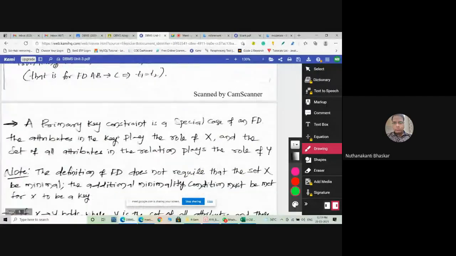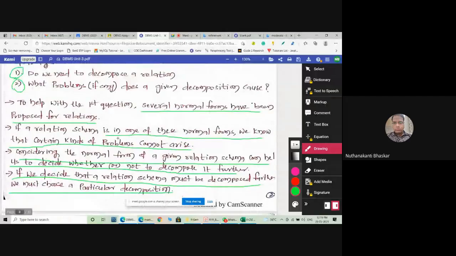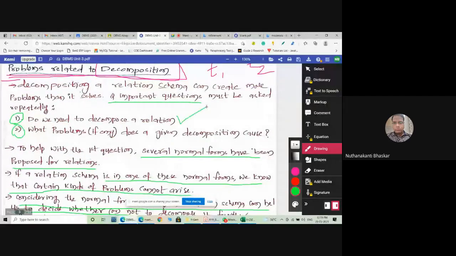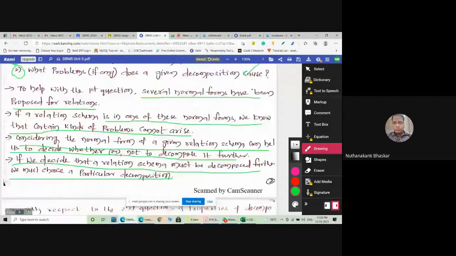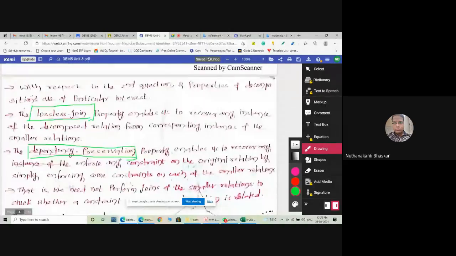The first question is what? Before decomposition, we need to check which normal form the relation is suitable for. You need to identify it. After identification of the normal form, you apply the decomposition. The second question is, after decomposition, you need to check the functional dependency preservation as well as lossless join.